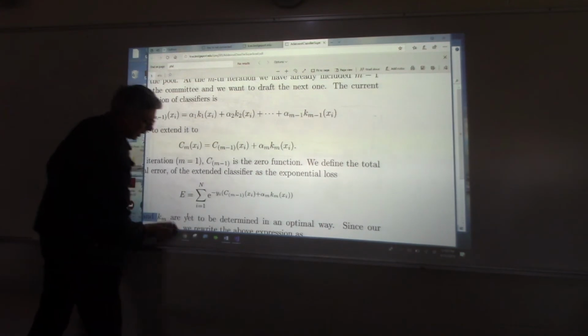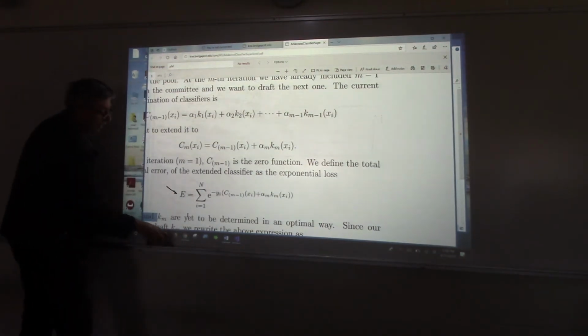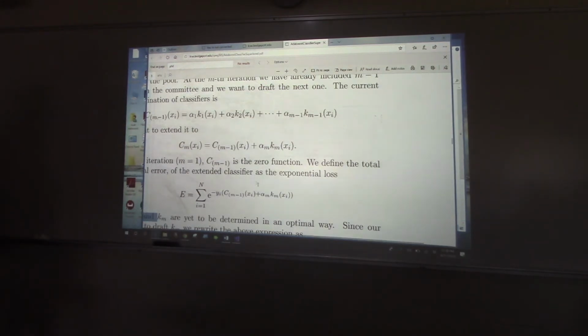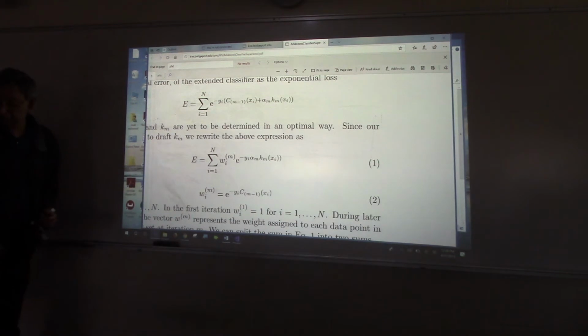Okay, so if we understand this, the rest is a tiny bit of manipulation tricks that the author does so that we can set it up, take the derivatives and figure out what alpha 1 should be and how it should proceed. So anyway, let's go to the next equation.